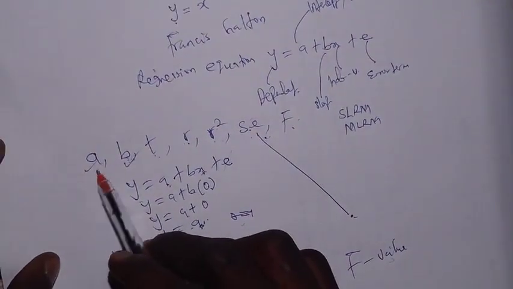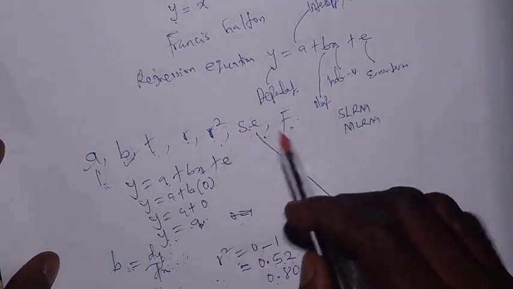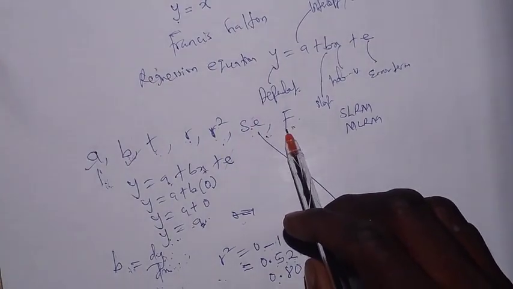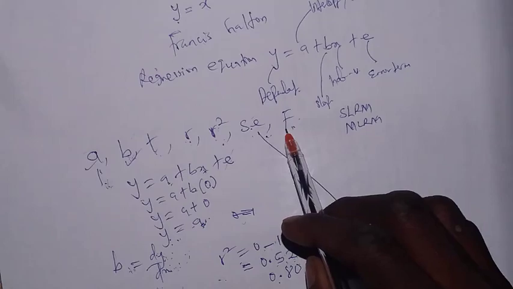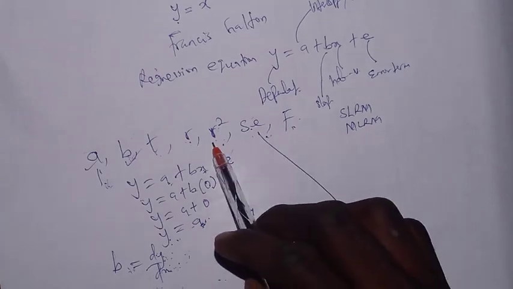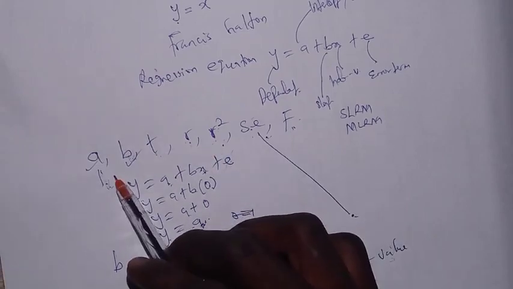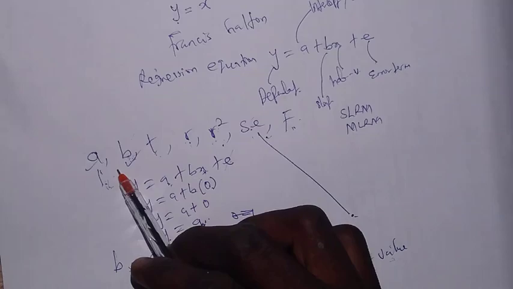You see them? A, B, T, R, R squared, SE, F. They are extremely important. They are paramount, essential, indispensable for you as agri-economics and extension students.